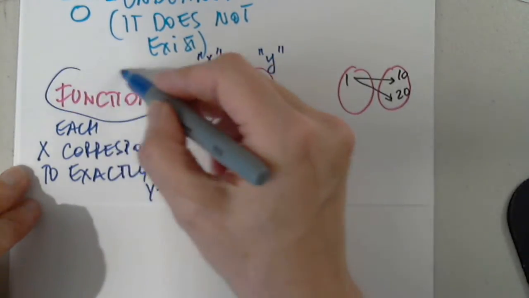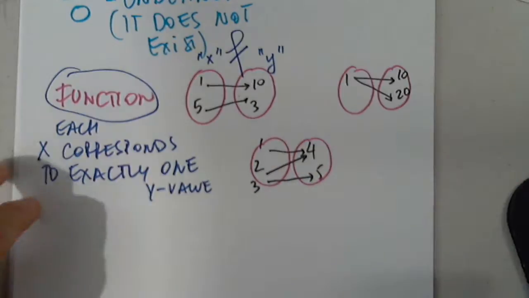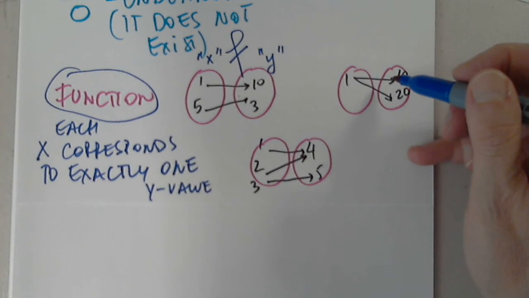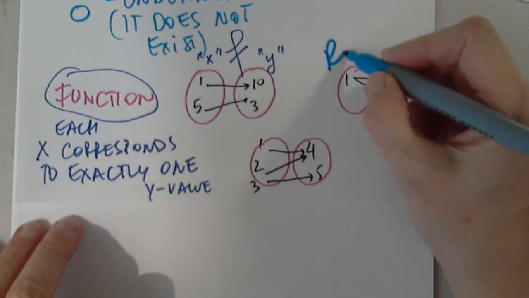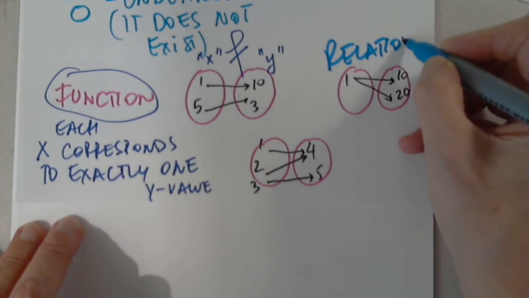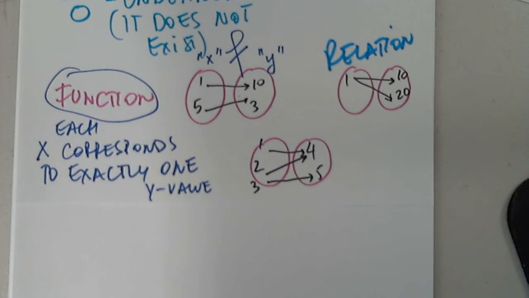That makes it a function. What about the second one? Is the second one a function? No. This is a relation, not a function. Does it exist? Yes. But it's not a function.